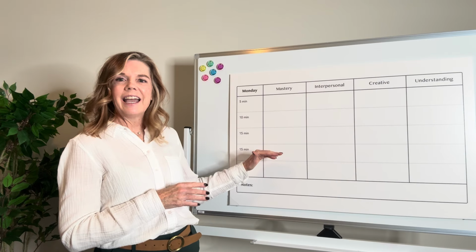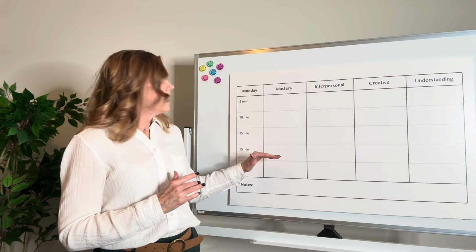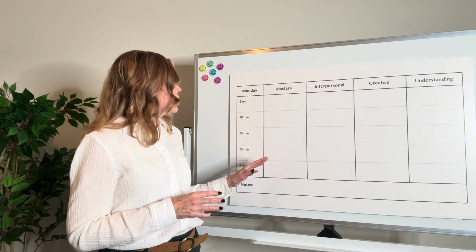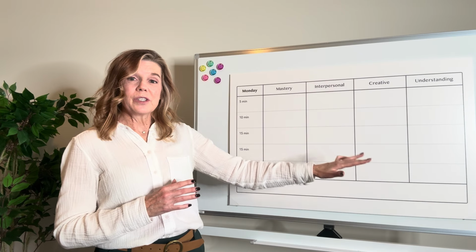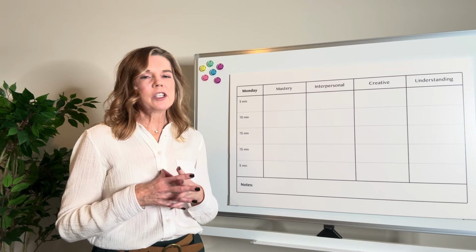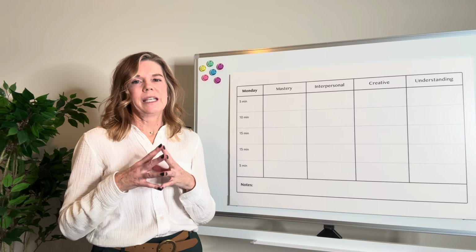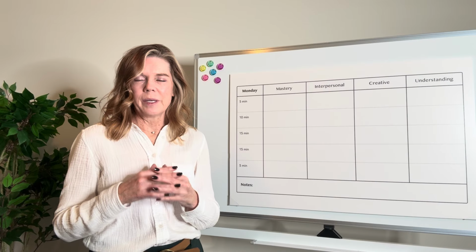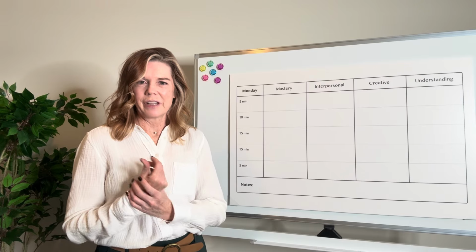And so again, the activity could be all four. It could just be mastery, interpersonal, understanding, but I do as much as possible, at least once a week, try to make sure there's a creative element to the classroom activity for that day.